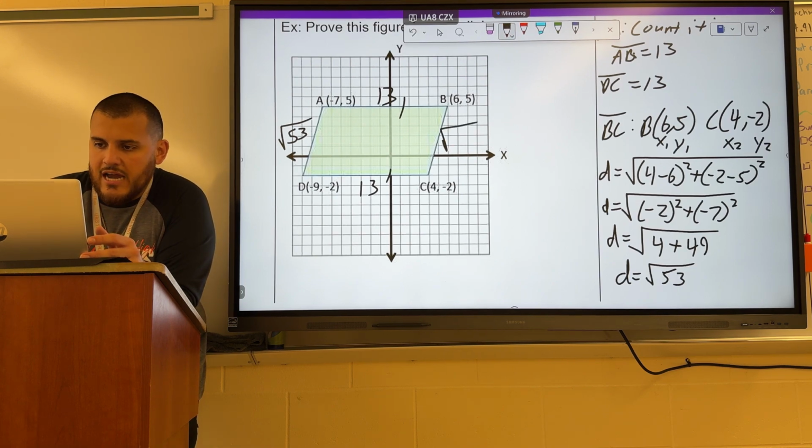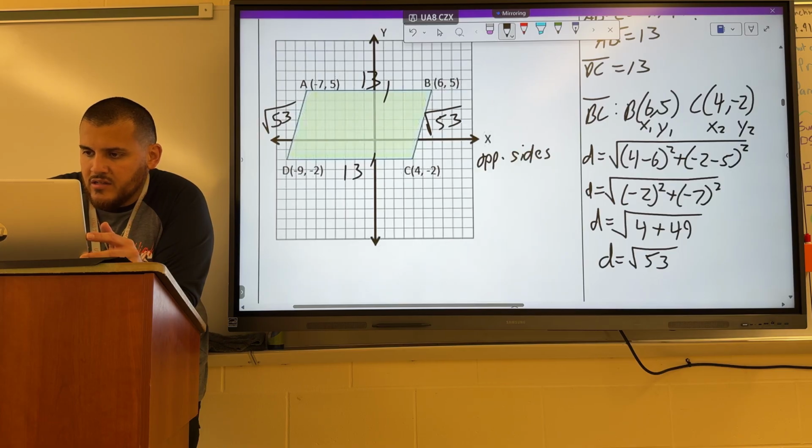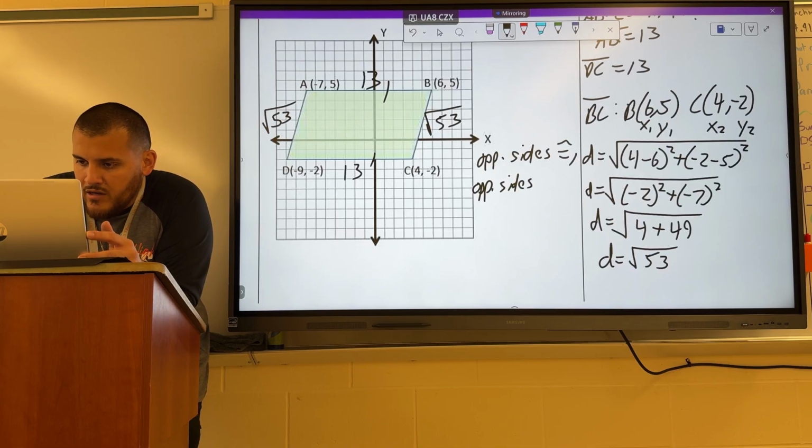So I've proven now that opposite sides are congruent. I'm just going to write my little answer in here. I've proved that opposite sides are congruent. Therefore, by my opposite sides converse, this shape is indeed a parallelogram.